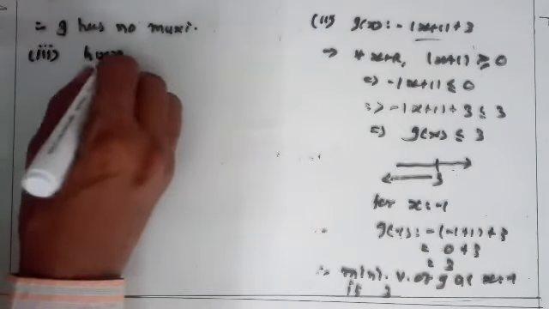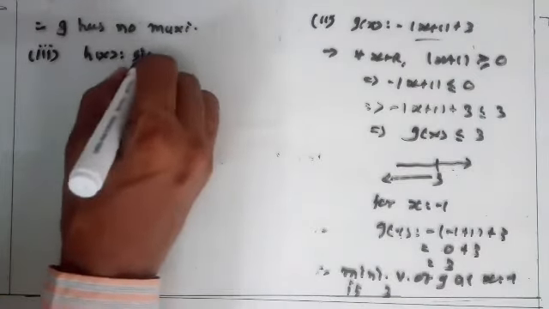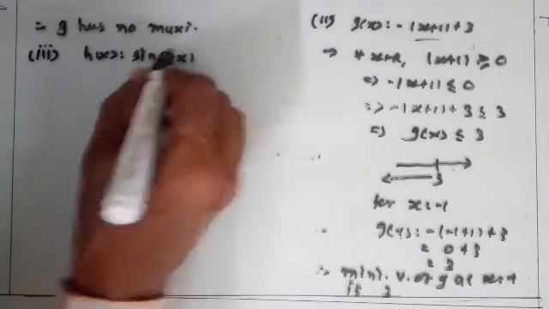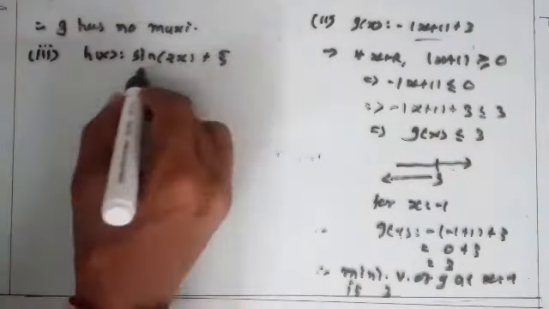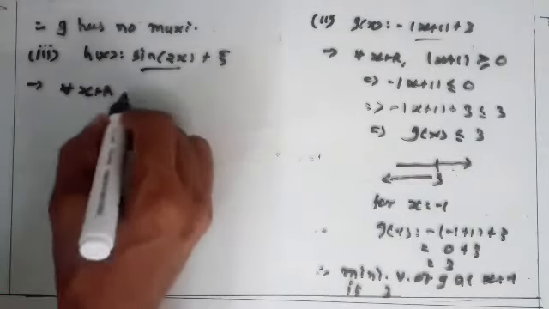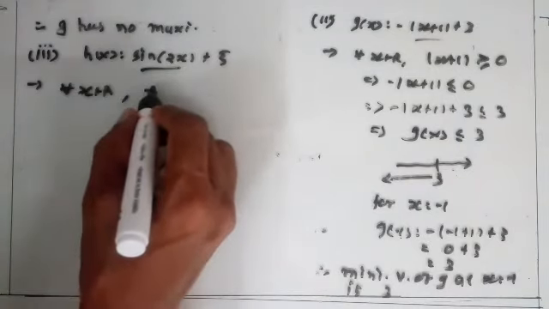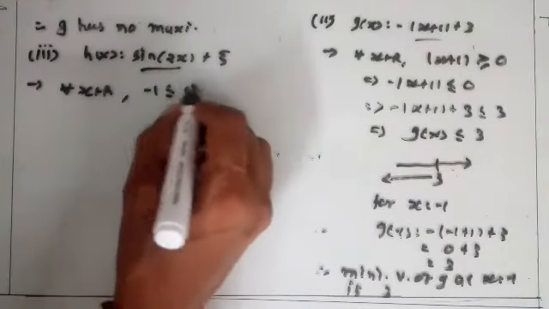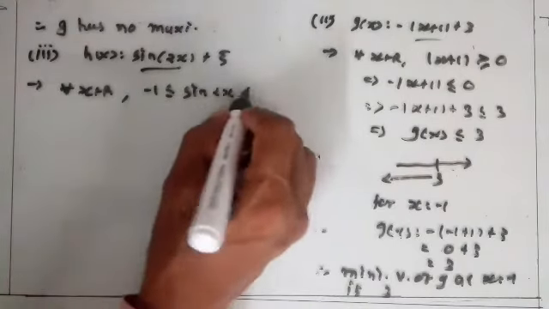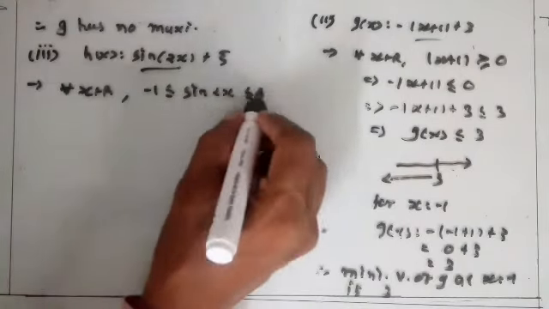h(x) is given as sin 2x + 5. Here we know that for all x belonging to R, the range of the sine function is -1 to 1. So -1 is less than or equal to sin 2x, which is less than or equal to 1. Now add 5.